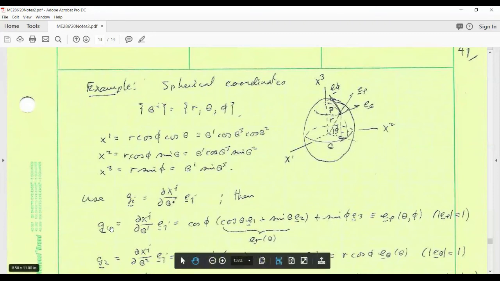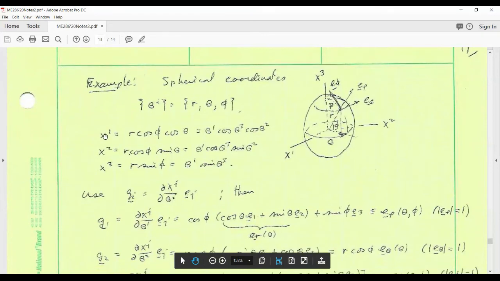For example, fix i to be 1, then we need to take the derivatives of the Cartesians with respect to theta 1. Well, here, simply from the geometry, you can see that the Cartesian coordinates are related in this manner to the curvilinear coordinates. We take the partial derivatives as indicated, and I'll revert to the r theta phi notation.